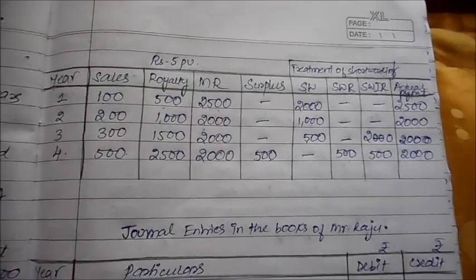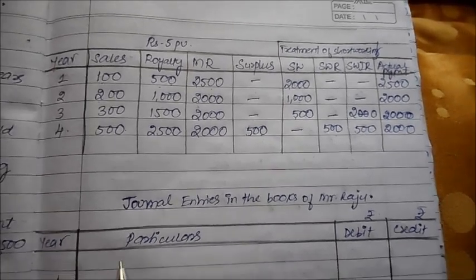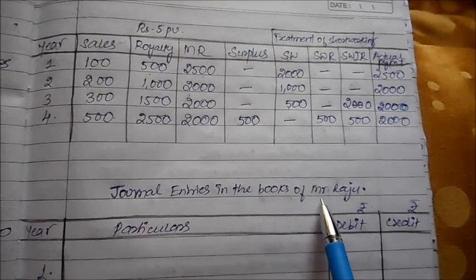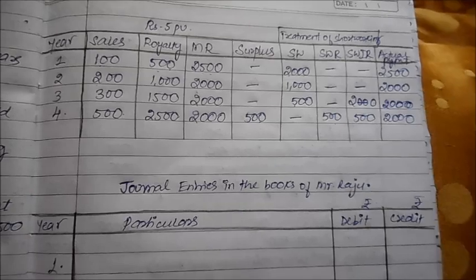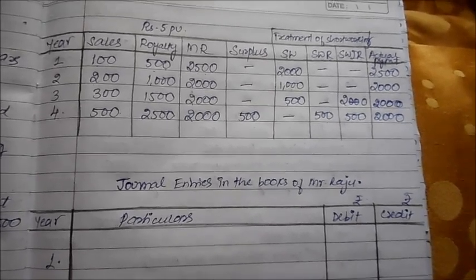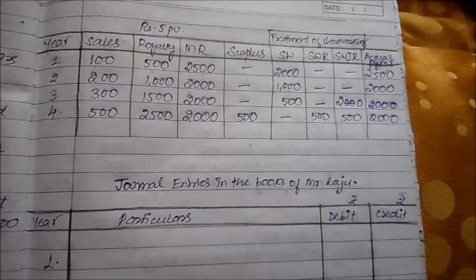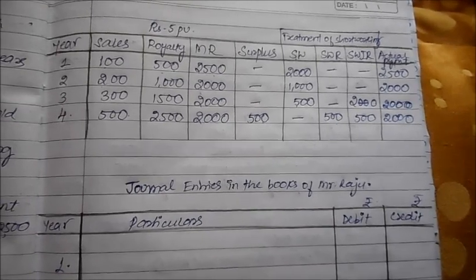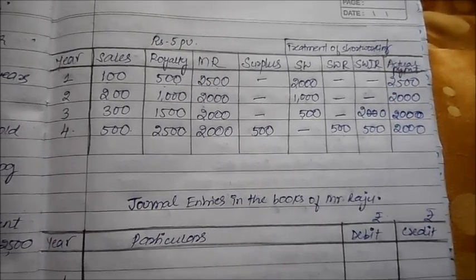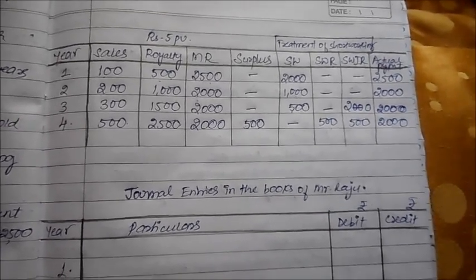Now, taking the table of analysis into picture, we are going to jot down all journal entries which are expected to be done in the books of Mr. Raju, whoever is the person whom you are granting license to.